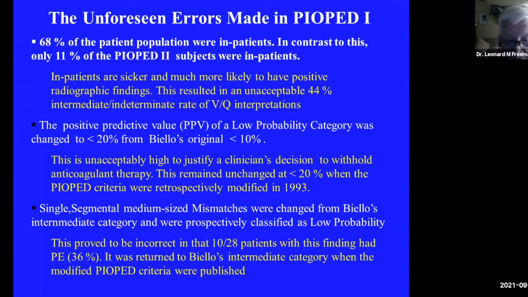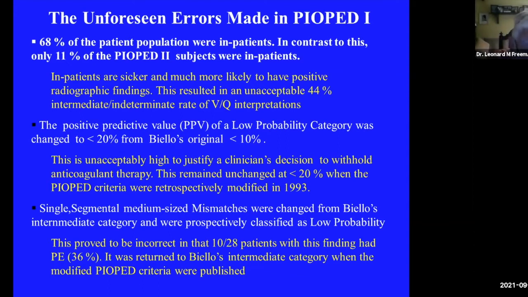The positive predictive value of a low probability scan was changed to less than 20% from Biello's original 10%. That's no good either, because a clinician has to make a decision as to whether to anticoagulate a patient or not. And the bleeding rate from anticoagulation has been quoted as somewhere about 8% or so. So if you talk about a 10% possibility, that's worth a trade-off.